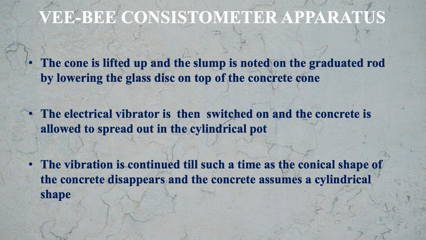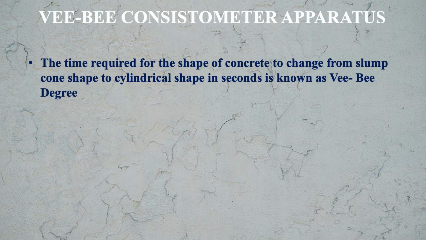The vibration is continued till such a time as the conical shape of the concrete disappears and the concrete assumes a cylindrical shape. So we have to vibrate till this stage, and the time required for the shape of concrete to change from slump cone shape to cylindrical shape, in seconds, is known as VB degree.